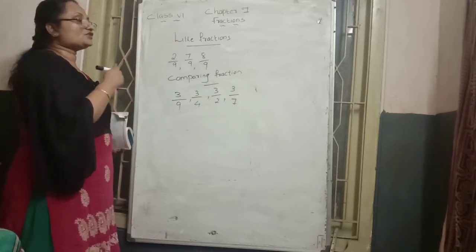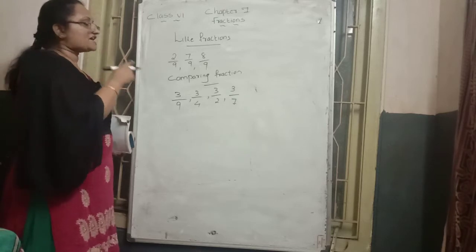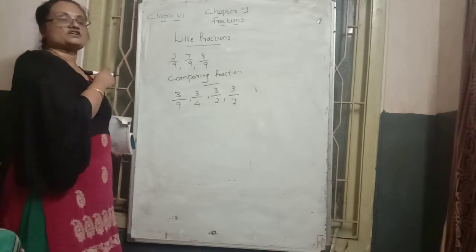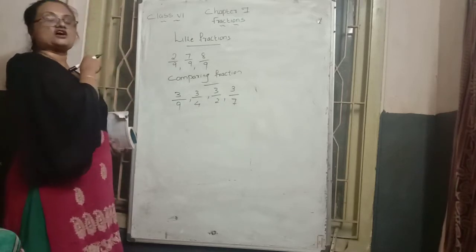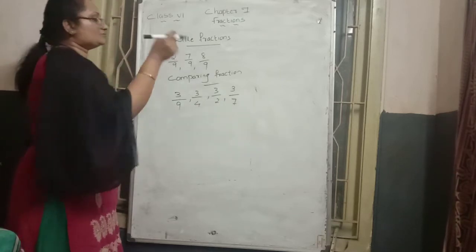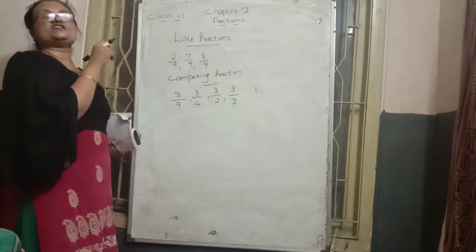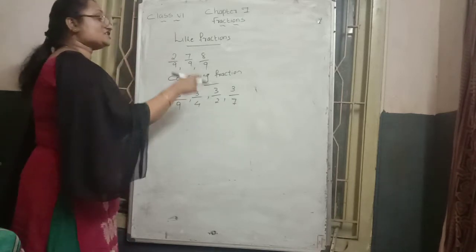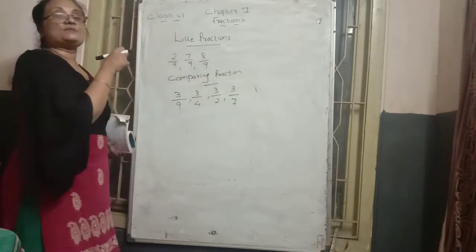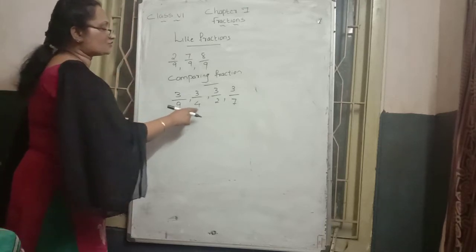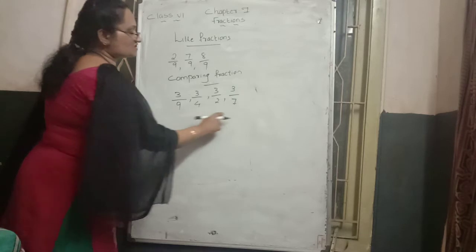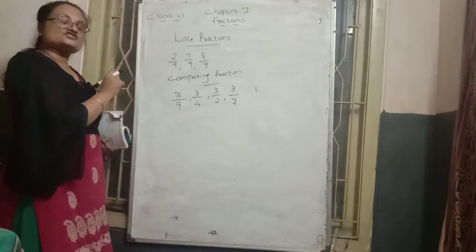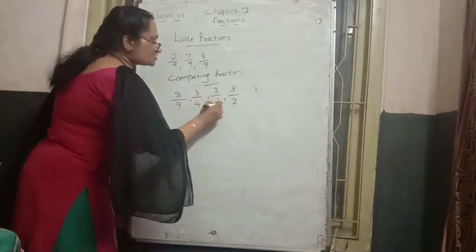Then we want to identify which fraction is the greatest. How do we identify? On the basis of the denominator. Which number is smaller: 9, 4, 2 or 7? The denominator means the down part, and 2 is smaller.